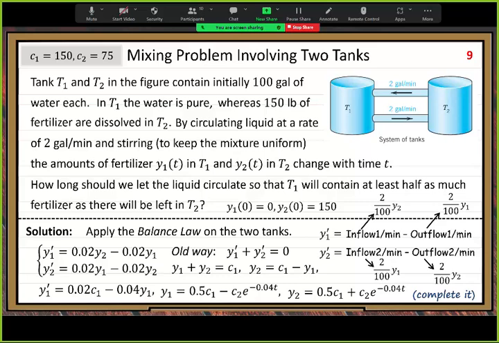So you solve that equation for T. Because for some T, this amount should be 50 pounds. Then you solve for T. So you get that time. Okay? Just complete it.